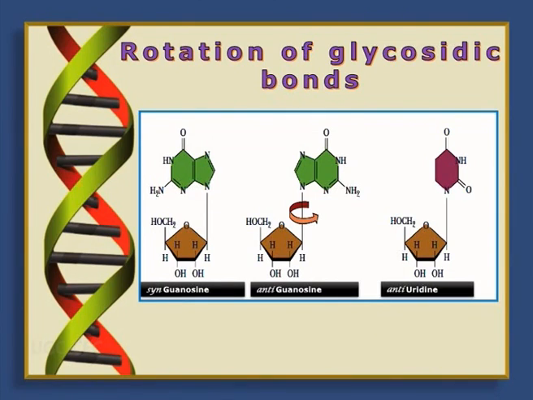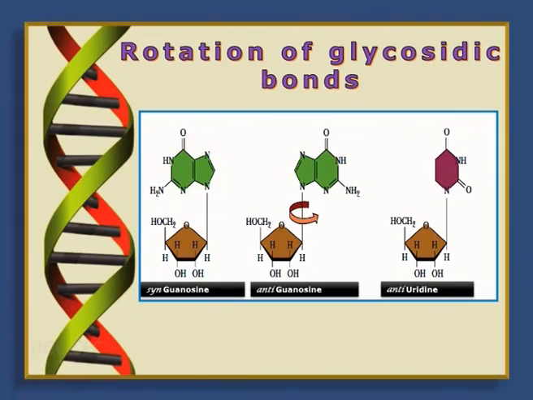Now, let us see the rotation of the glycosidic bond as shown in this slide. You can see certain pictures in green and red. What does it depict? It depicts that the glycosidic bond, since it is a single covalent bond, enables the rotation of the nitrogenous bases around the N-glycosidic bond, making the nucleobases exist in two states. One is the syn configuration, another is the anti configuration.